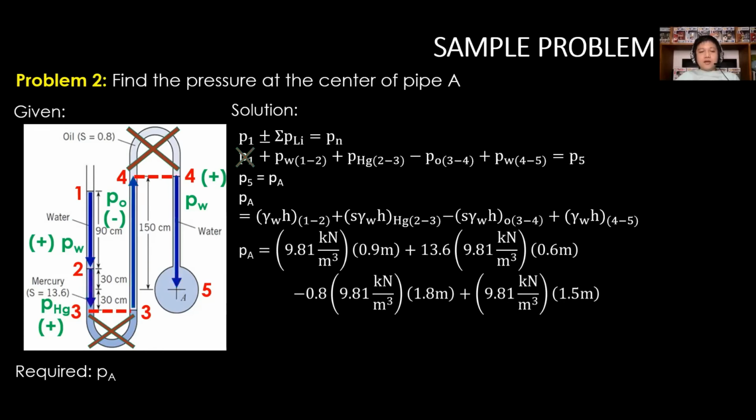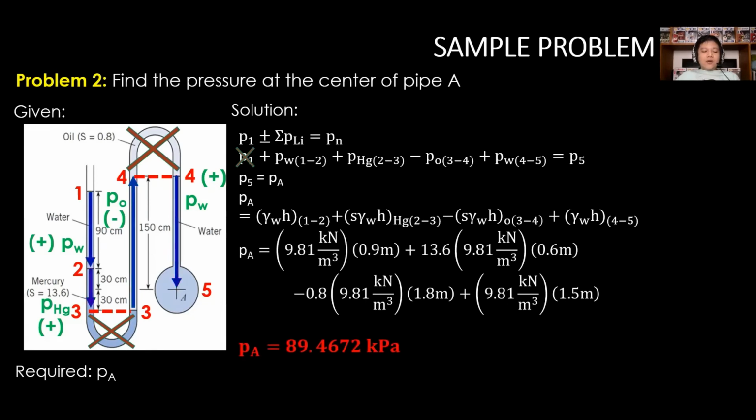Next, the specific gravity of oil. So minus specific gravity of oil, which is 0.8, times the unit weight of water, 9.81, times the height of oil from 3 to 4, 1.8. Then plus the unit weight of water, 9.81, times the height of water from 4 to 5, which is 1.5 meter.